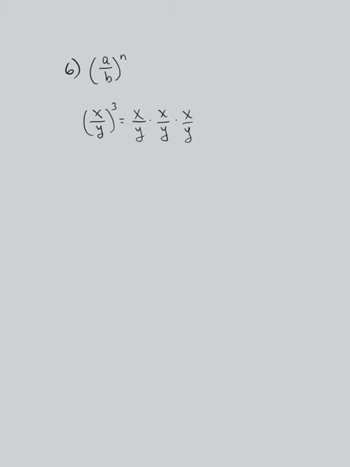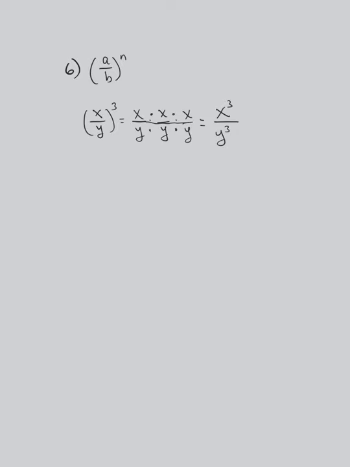If you remember, whenever we multiply fractions, we just multiply straight across. So I could make that all one big fraction. In the top I have x times x times x, which we can write as x to the third, and the same thing in the bottom with y.